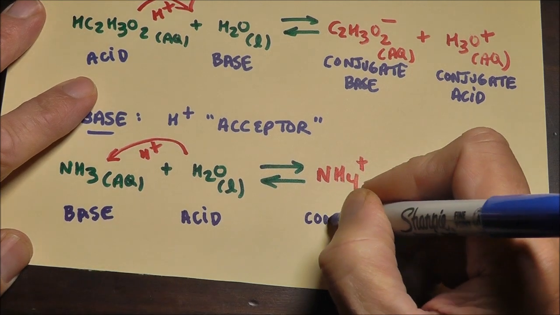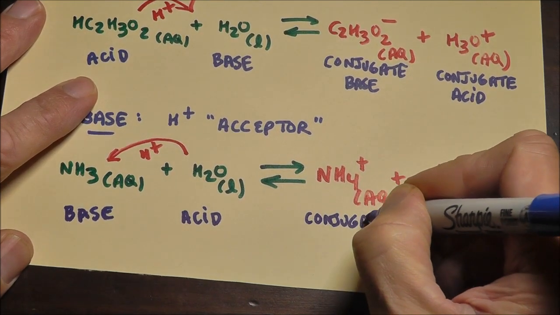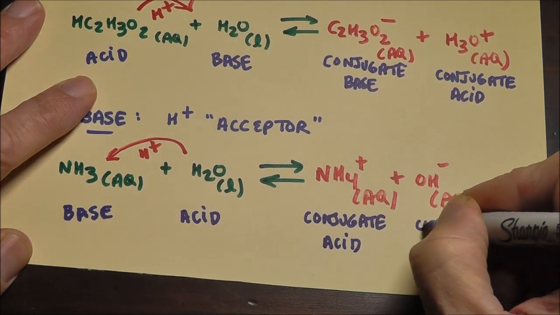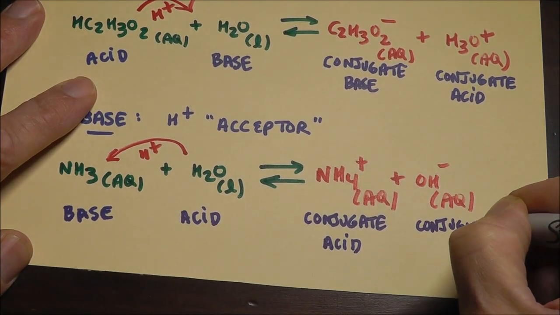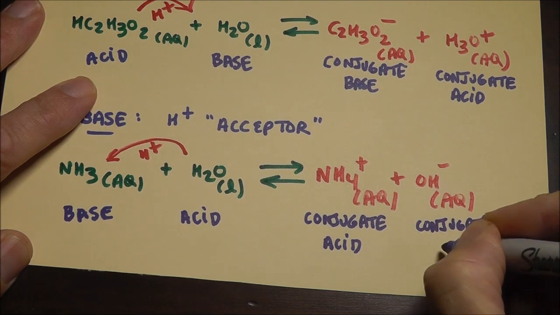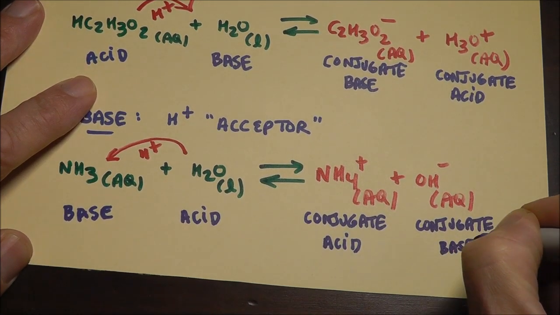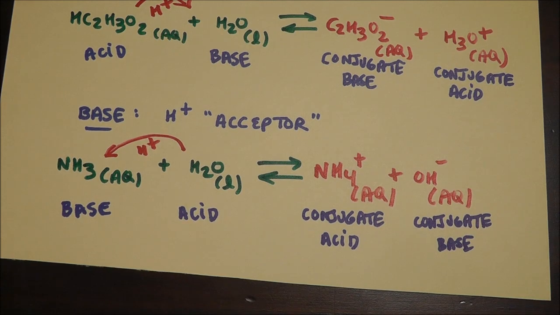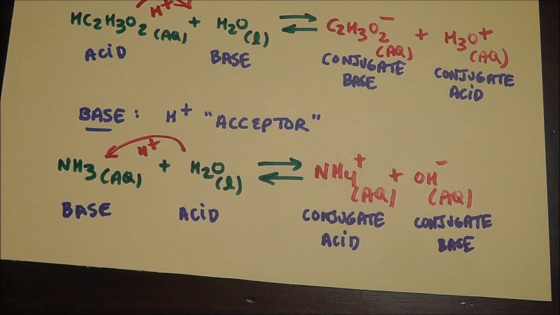That is the conjugate acid. And this is the conjugate base. So that's the thing about the Brønsted definition, is you have that other kind of depth of looking into this. And we're going to throw around terms like conjugate acid, conjugate base, whole bunches.